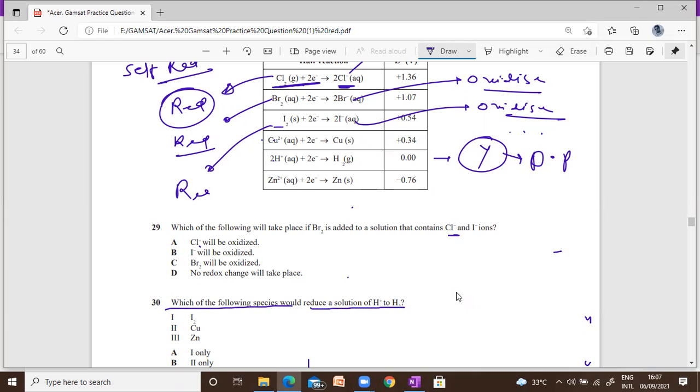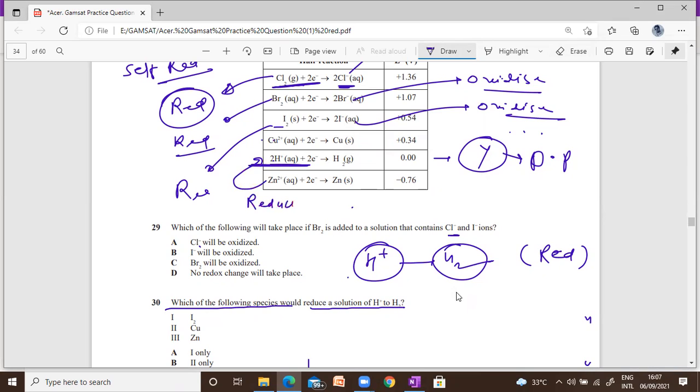Now listen to the line very carefully. H plus to H2 means it is a reduction reaction. So I already told you, below the hydrogen, so zinc can reduce H plus. Zinc can reduce because it is present below the hydrogen in the table.